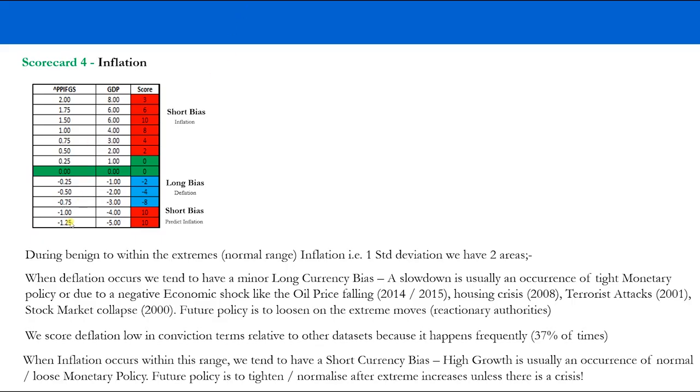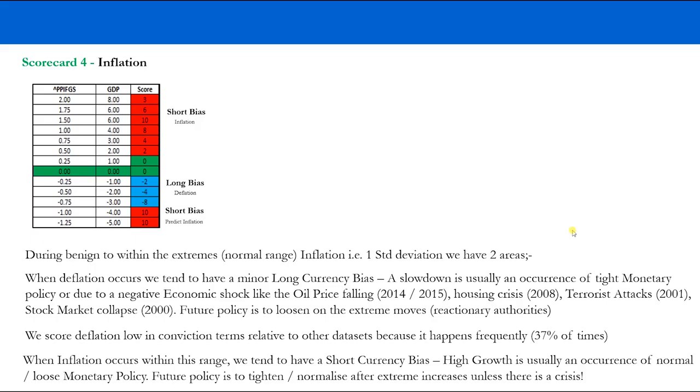Again, we have our sliding scale of inflation, we have our associated GDP levels, and we have the scores that we assign to each level of inflation and associated GDP growth, and our zones of short bias inflation, long bias deflation, and short bias predicting inflation in the future.